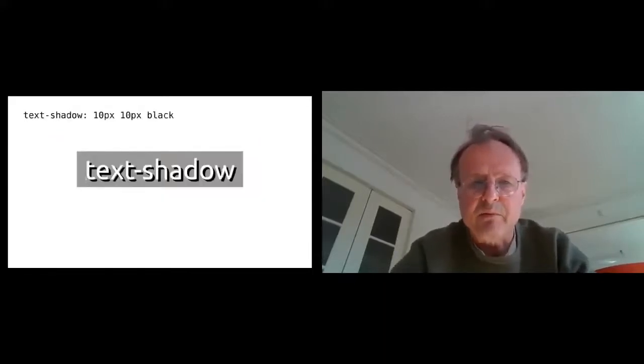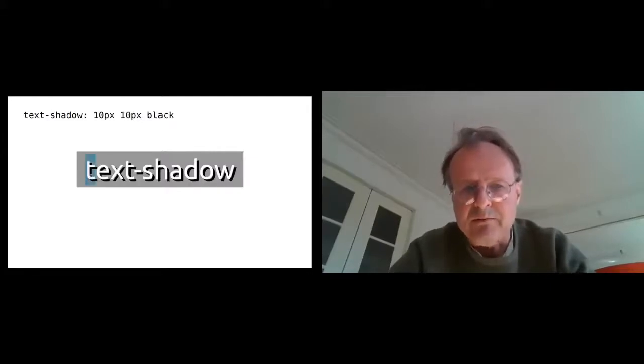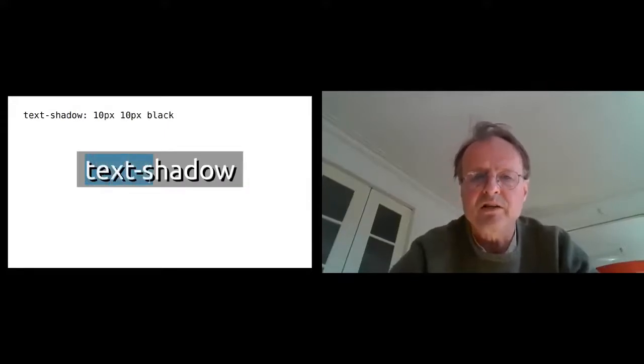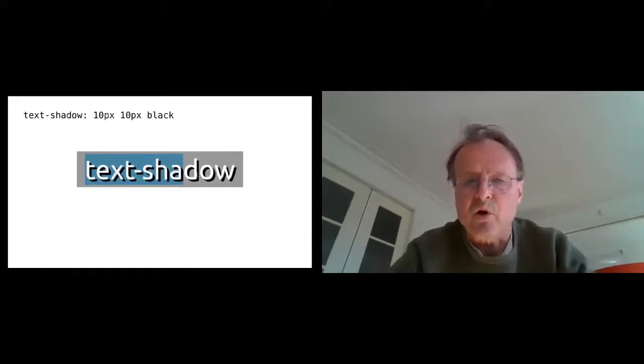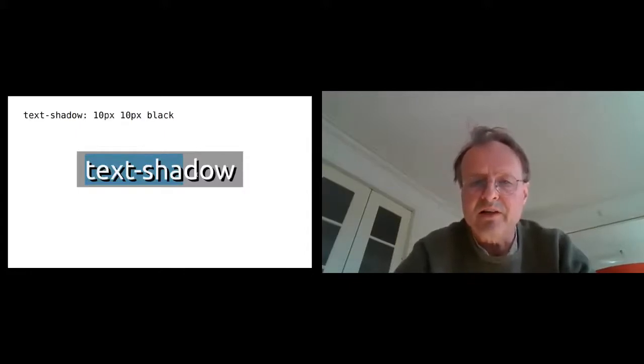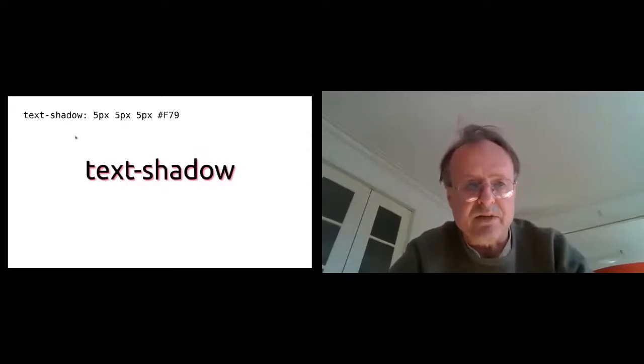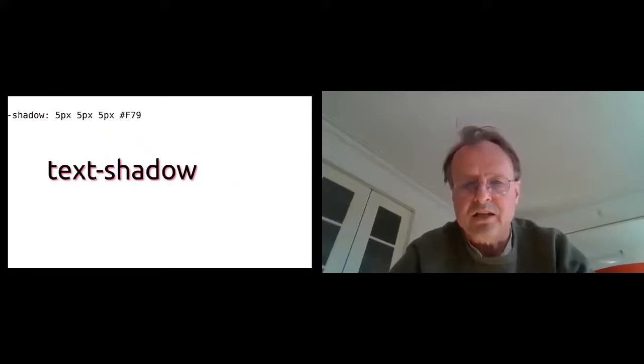Text shadow was probably the first property that was beyond the very basic. By having text shadow, we can actually do some tricks that enable people to, instead of using Photoshop or some other image program, continue to use text and just set a property on it and create some quite advanced effects like we're seeing here with the text shadow. You can have an offset, and here you have a pinkish shadow.